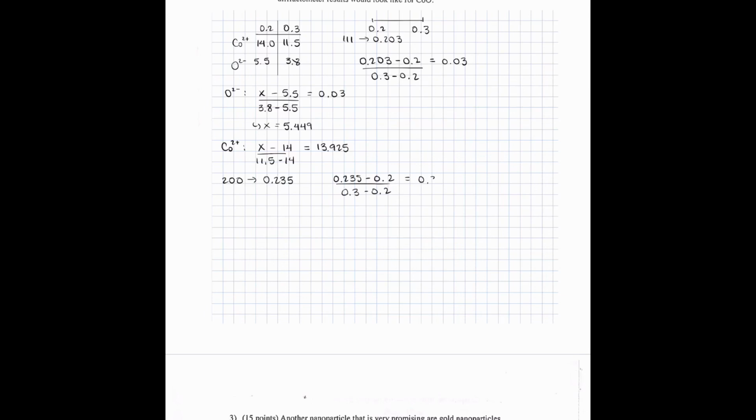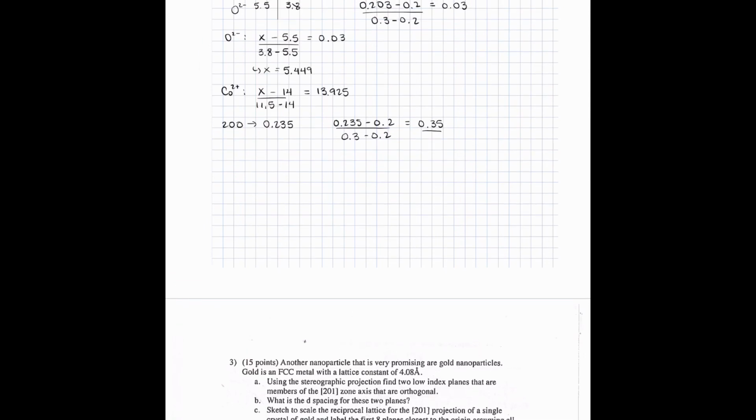We get 0.35, or 0.235 is 35% away from 0.2. So what value is 35% away from 5.5? For oxygen, x minus 5.5 over 3.8 minus 5.5 is equal to 0.35.